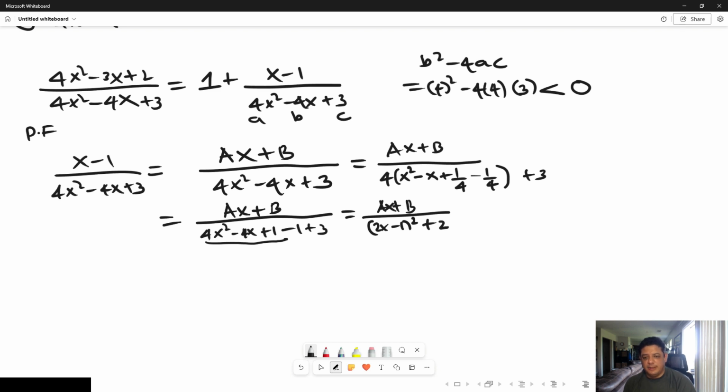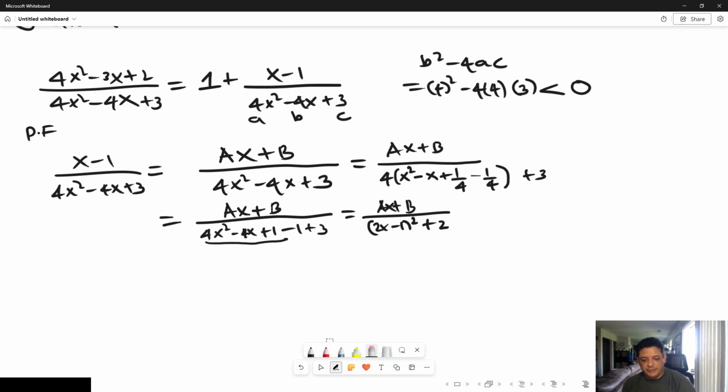So notice that I don't have anything greater here, or if I'm comparing this with this, I clearly can see that a is equal to 1 and b is equal to minus 1. Those are just the values that I'm going to have. So I don't need to do anything special in here.